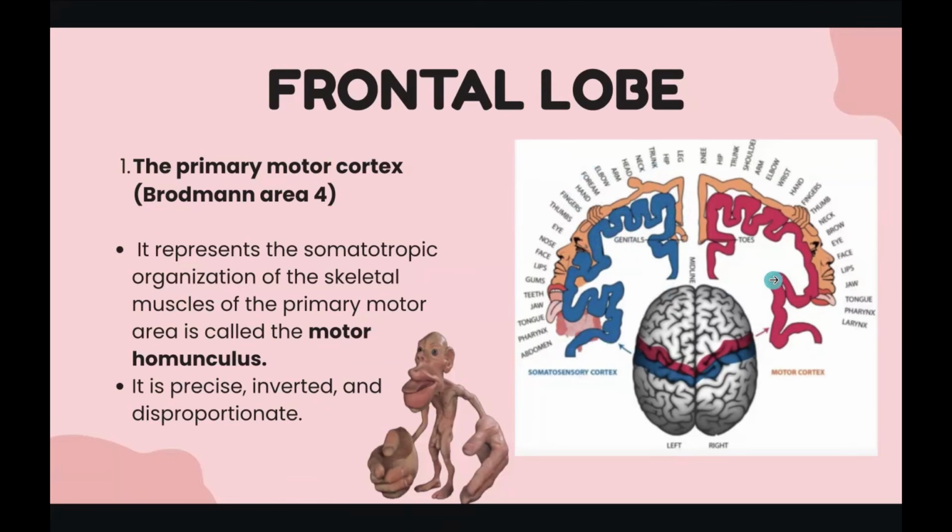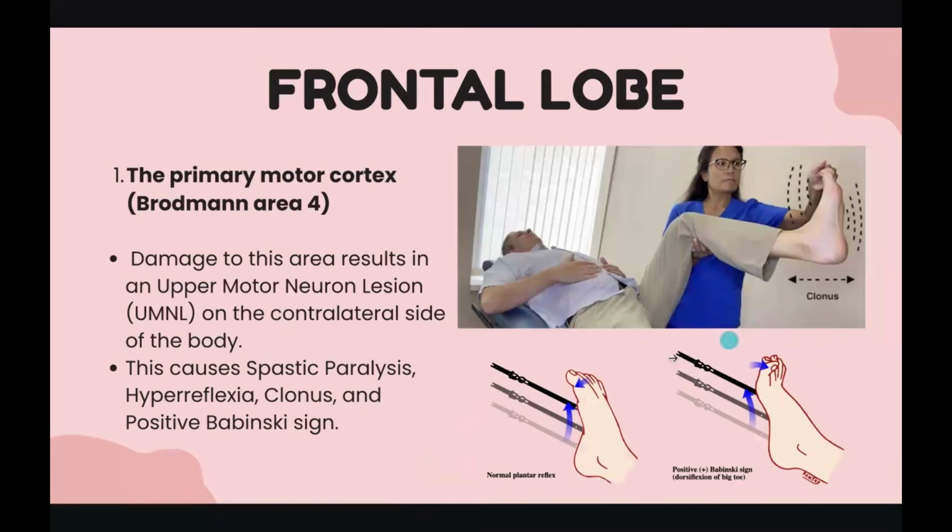All right. The blue depicts the somatosensory cortex, which is regarding touch and the senses, and the pink is regarding the motor cortex. This is the motor part that we're discussing right now, the primary motor cortex.